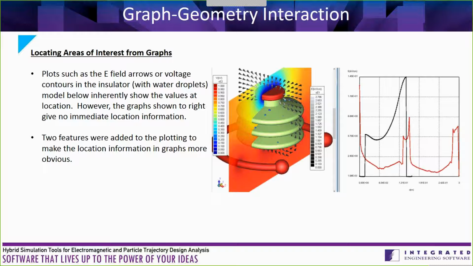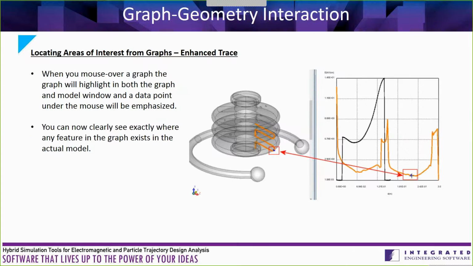And the reason for that was that what we're now doing in version 9.4, we can now directly make graphs and the model interactive with each other. So as an example, when I click on a graph, or even when I just mouse over a graph line, it highlights in the geometry. So I can immediately see now this line, where is it in the geometry?